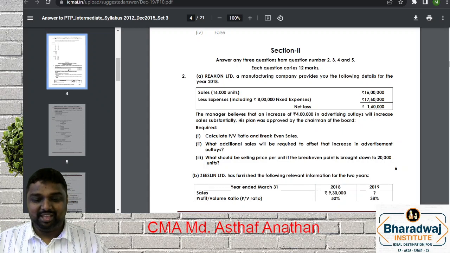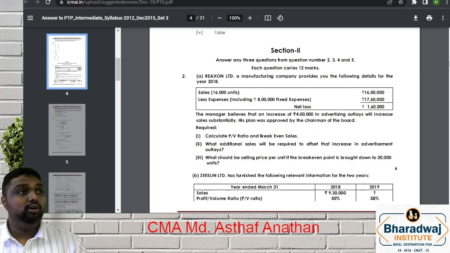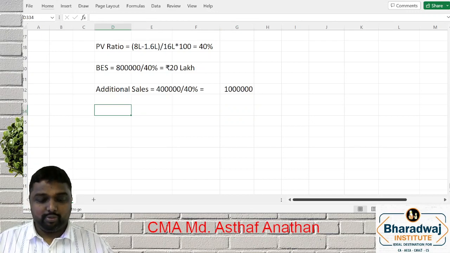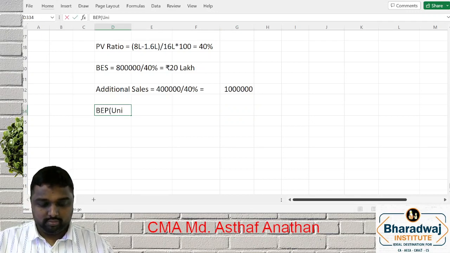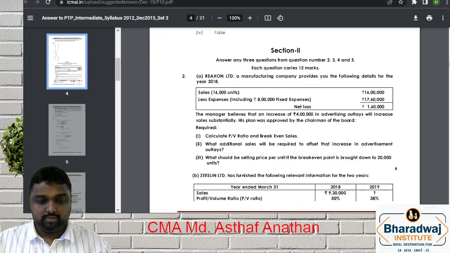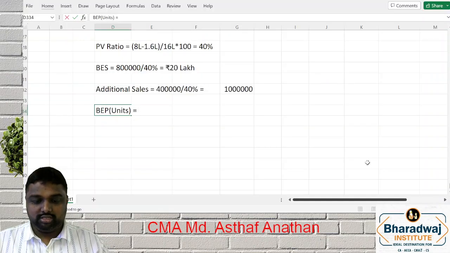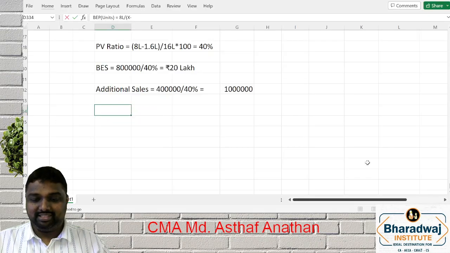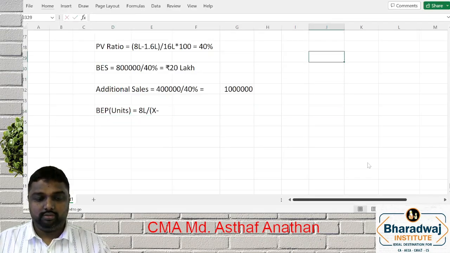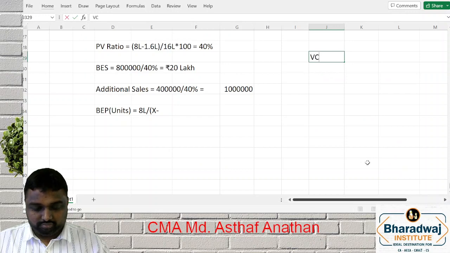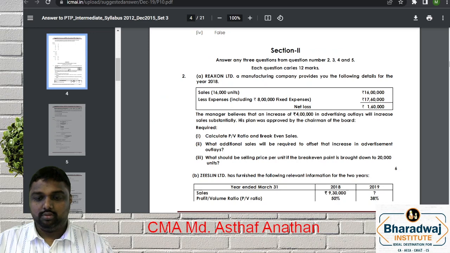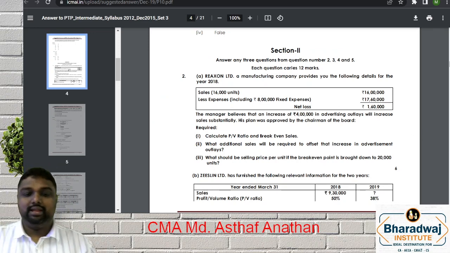What should be the selling price per unit if break-even point is brought down to 20,000? So break-even point is 20,000. Fixed cost is what? 8 lakh by selling price is X minus variable cost. What is the variable cost per unit? 8 lakh minus 17 lakh.